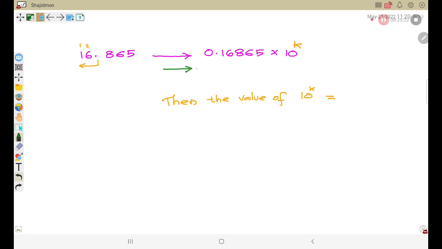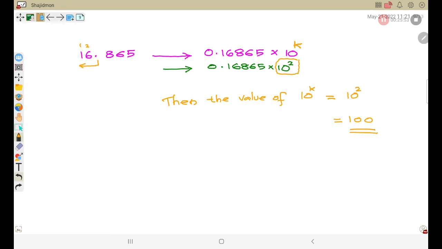This number's normalized form as usual, 0.16865 multiply 10 power, before the point we have 2 numbers, so 10 power 2. So the question asked, what is 10 power k, this number 10 power k equal to how much? 10 power 2. You know what is 10 power 2? 10 power 2 means 100. So we can write 10 power k means 10 power 2, which is 100.